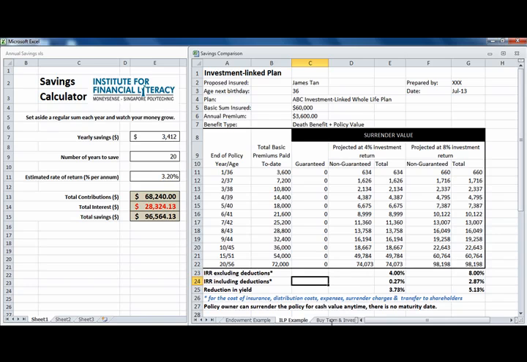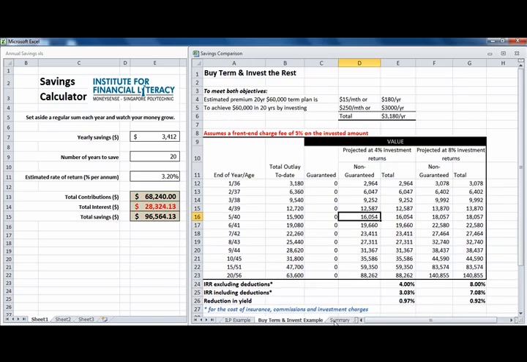James can also consider investing the monies on his own instead of saving the $3,000 in the bank as in the first option. Assuming the investment charges of 5% are deducted upfront, this means that instead of investing $3,000 a year, he will pay $150 in fees before investing the balance of $2,850.